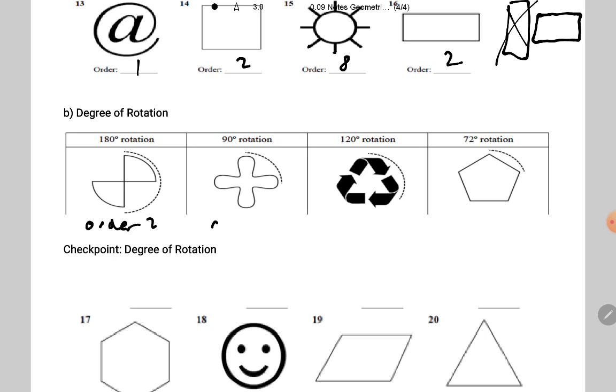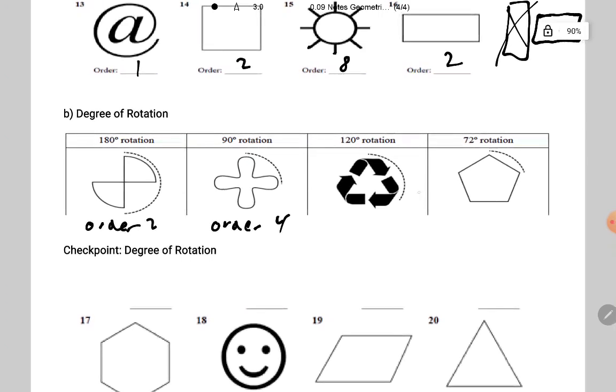This is order 4, because I can spin it around 4 times and it'll look the same, or 4 different ways. And this is 120. This is order 3. And then this is order 5. 1, 2, 3, 4, 5.